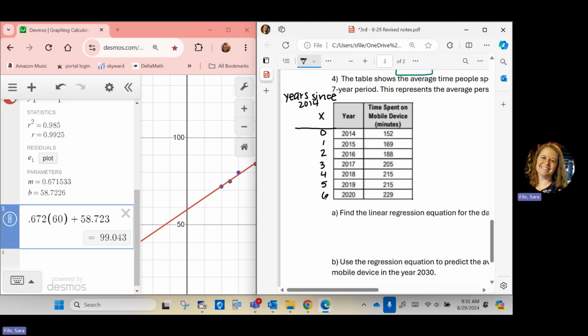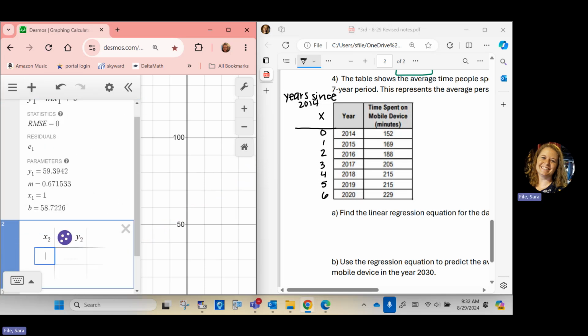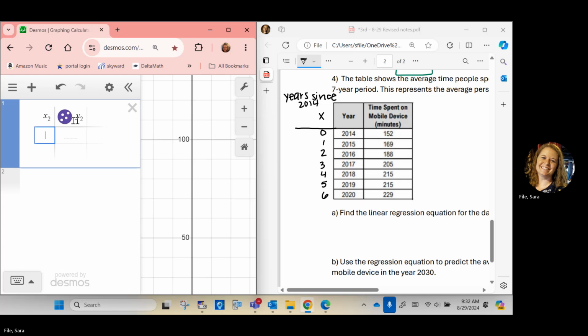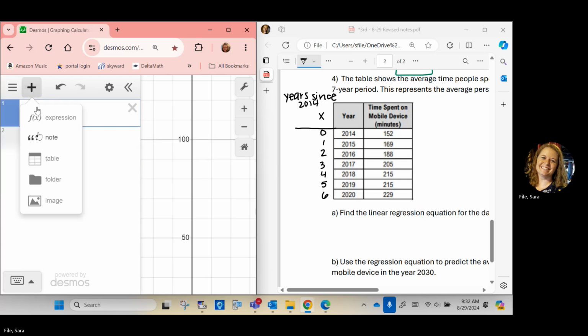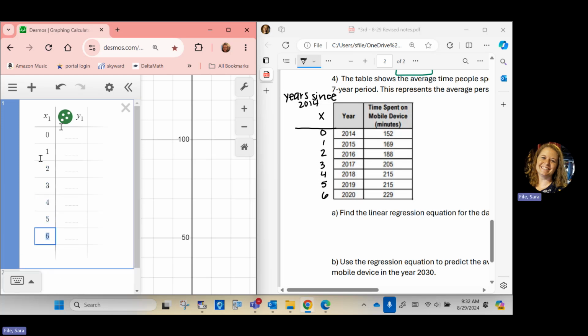So now that's what I'm going to enter for my X column, and then the minutes in my Y column. All right, so let me enter my table. Zero, all the way to 6.